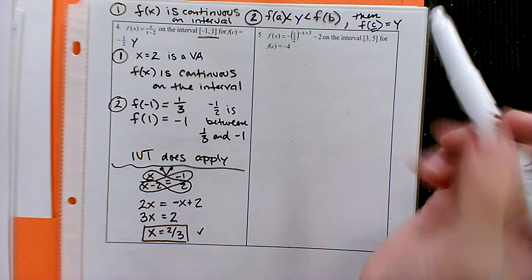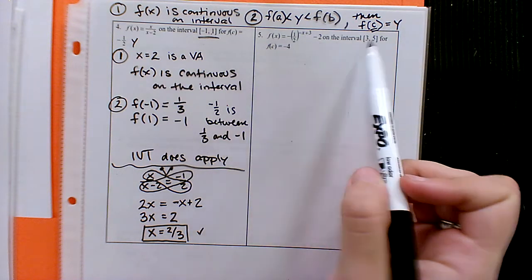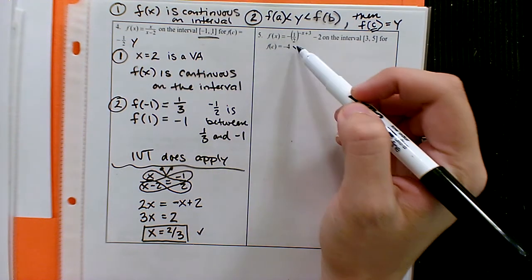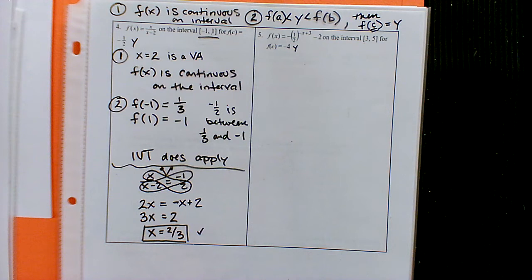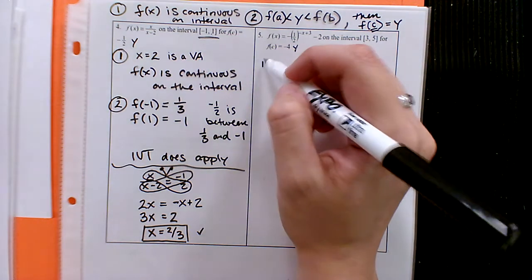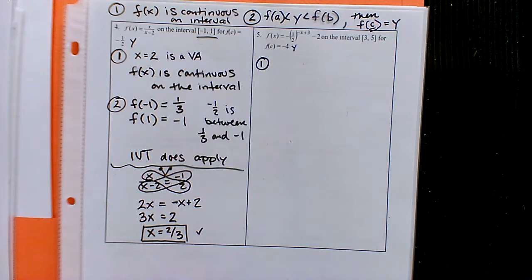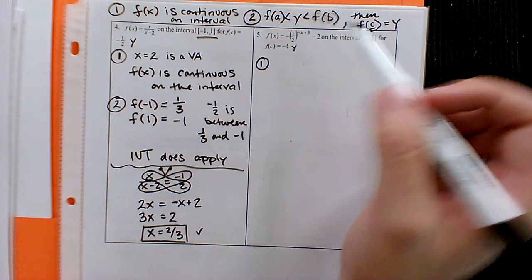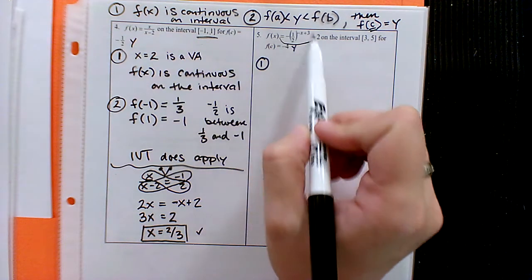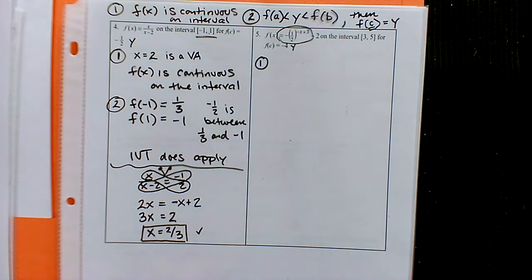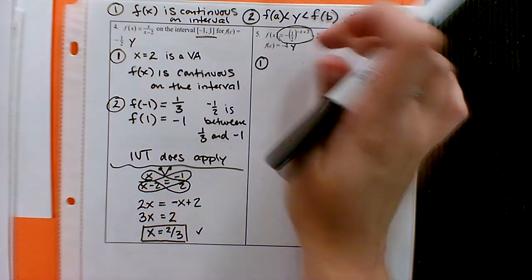All right, let's try the other one. So they give us the function, the interval, and that specific y value or output we're interested in. Let's go ahead and check to see if we can actually use the intermediate value theorem. Are we guaranteed a value? So if you think about graphing the function, would you have any holes, jumps, or asymptotes?